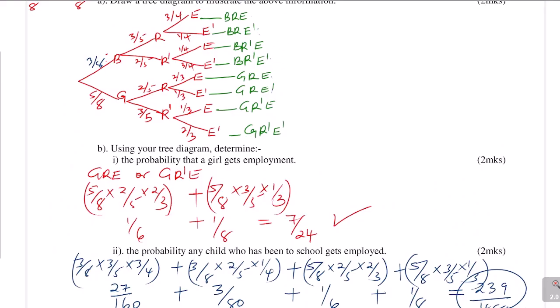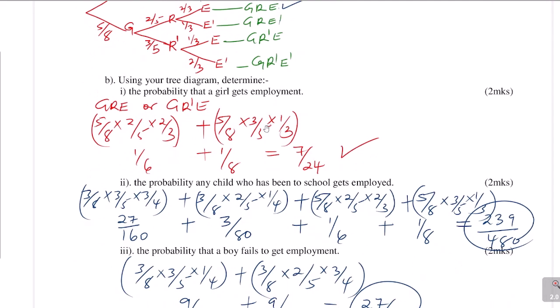Those are the two you're going to follow. So you're going to take this product, 3/8 times 3/5 times 1/4, or 5/8 times 2/5 times 1/3. That is what you're going to do.